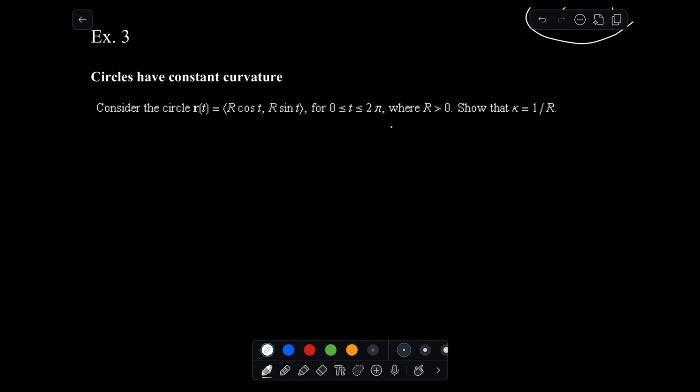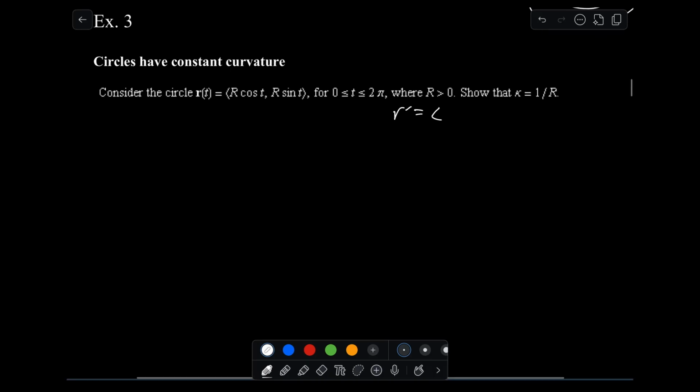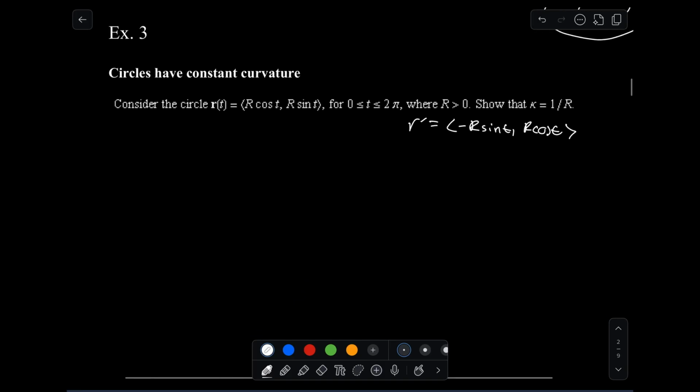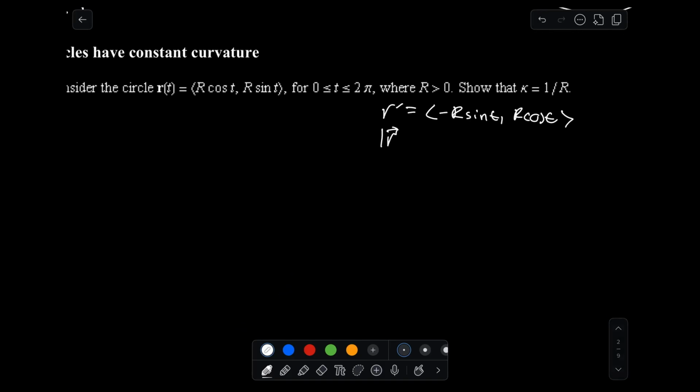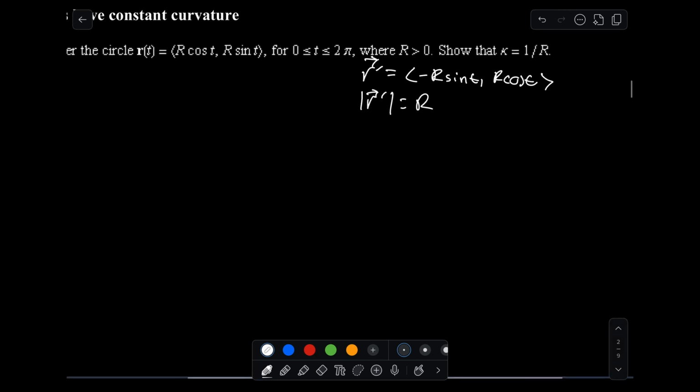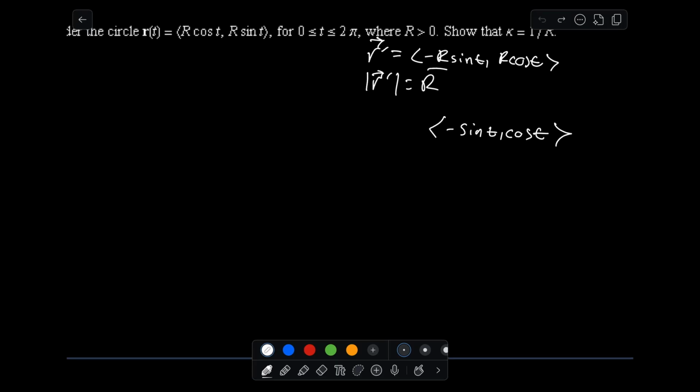So r prime is just negative r sine t, r cos t, and the magnitude of r prime equals r. So then we're going to get negative sine t, cosine t, because the r's are constants, you can pull them both out of here and here.